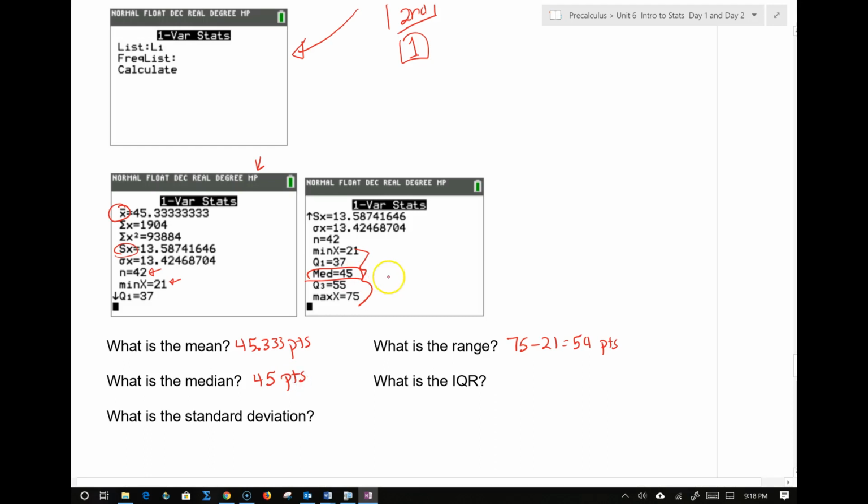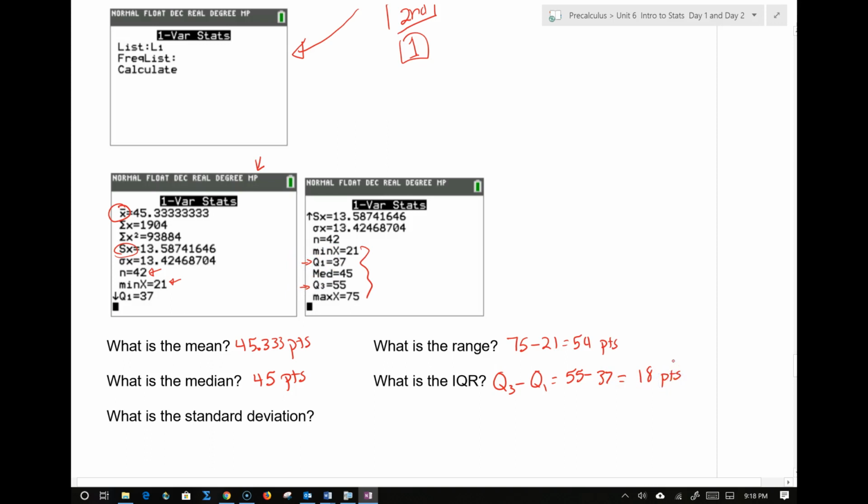What is your IQR? Remember, IQR is your third quartile minus your first quartile, and that is just going to be 55 minus, what do we got here, 37? Yeah, just looking at our quartiles here. 55 minus 37, and that's going to give us 18 points.